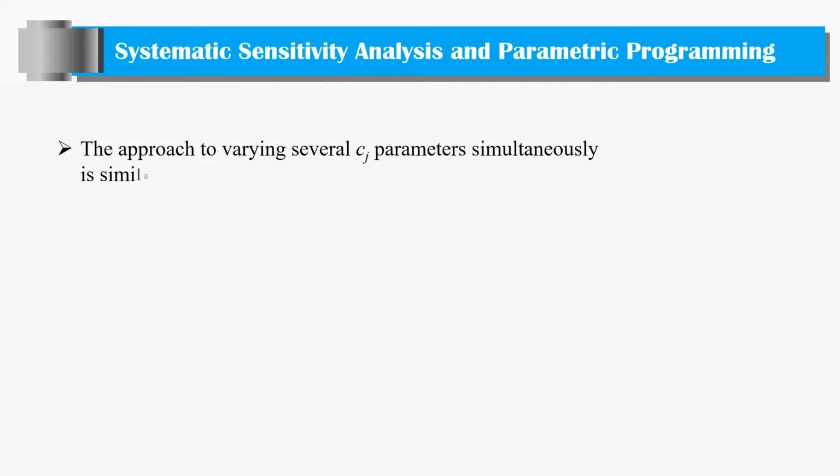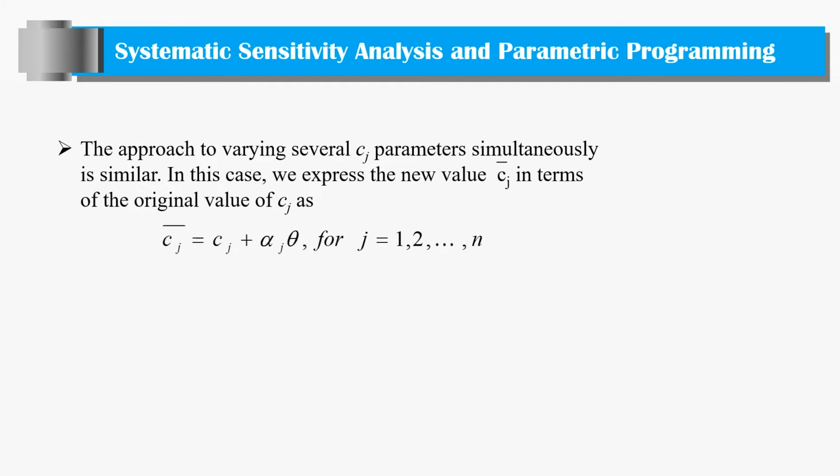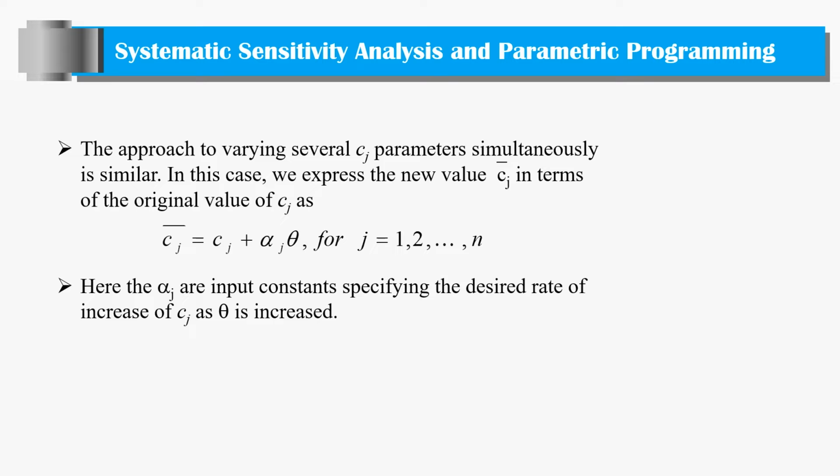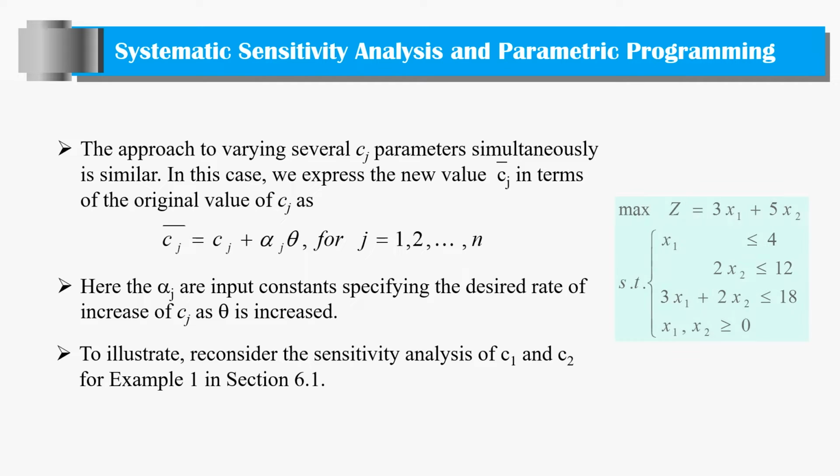The approach to varying several Cj parameters simultaneously is similar. In this case, we express the new value Cj bar in terms of the original values of Cj as Cj bar equals Cj plus alpha j times theta, similarly as the bi's. Here the alpha j are input constants specifying the desired rate of increase of Cj as theta is increased. To illustrate, reconsider the sensitivity analysis of C1 and C2 for example 1 in our section 6.1.